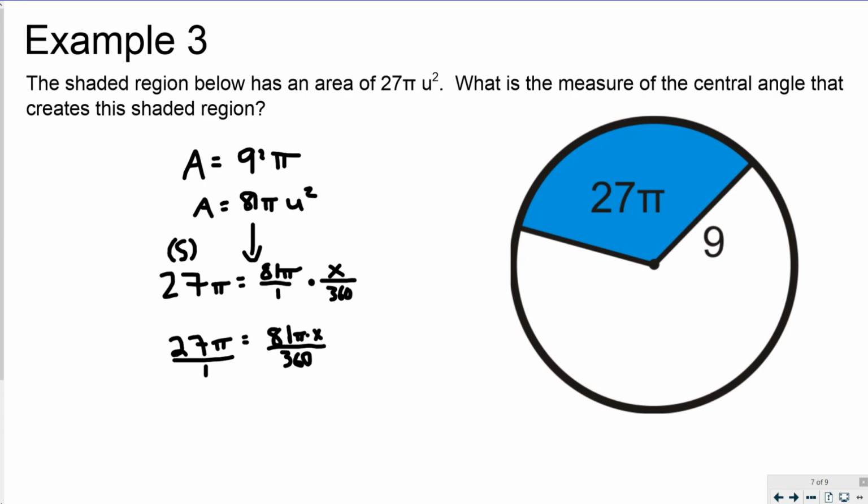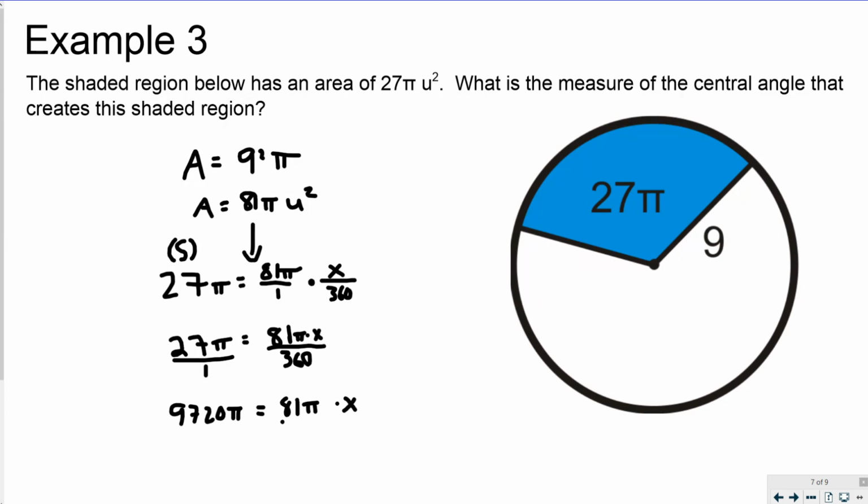And then we're going to go ahead and cross multiply in order to make this a solvable equation. So I do 27 times 360, and I'm going to attach a pi to it at the end. I get 9,720 pi, that's 27 times 360, and attaching the pi equals 81 pi times x.